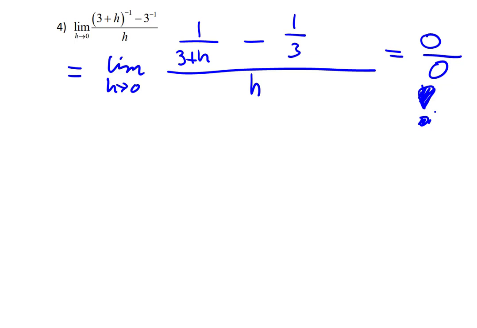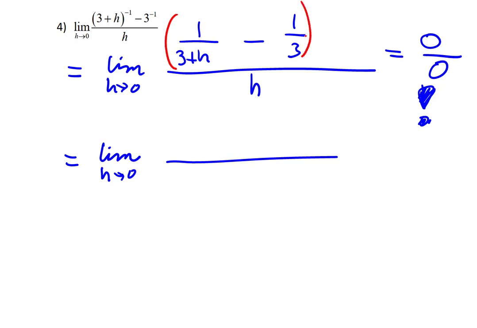So we're going to go to the list we have in our outline above to see what might work here. You may recall from algebra class that this expression is what you call a complex fraction. And you can simplify a complex fraction as one of our methods above. So let's rewrite this as the limit as h approaches 0. To simplify a complex fraction, there are a couple different ways you could do it.